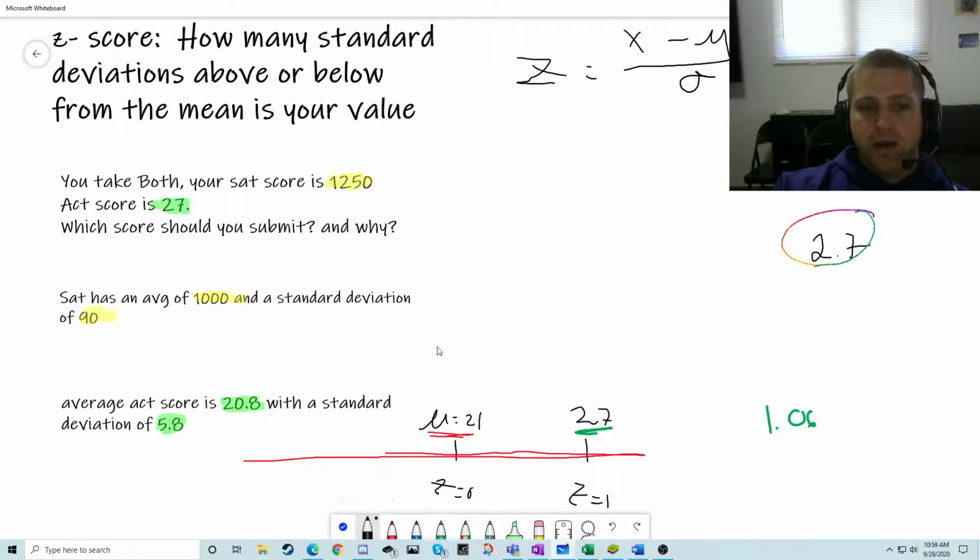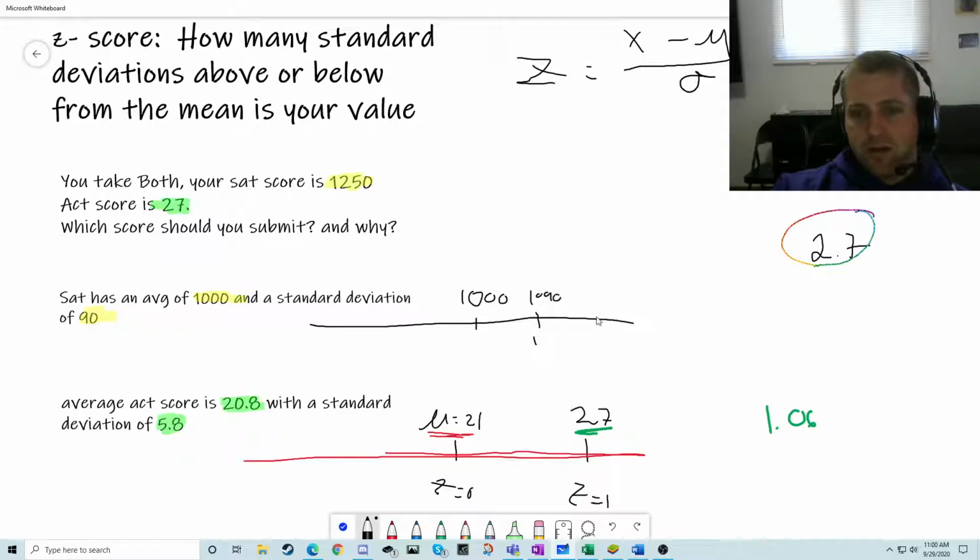But compared to the SAT, your mean score is 1,000. And then you got, you know, this is 1090. This is 1180. You're still higher than that, 1250.